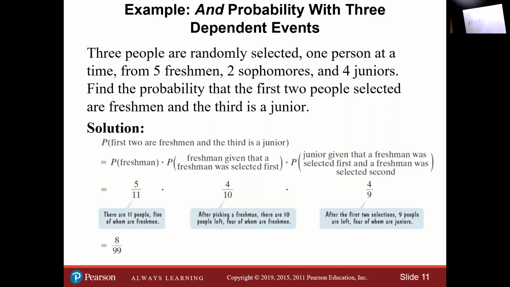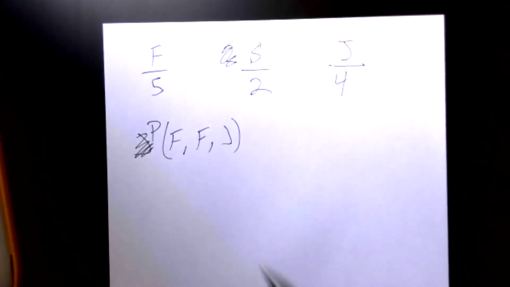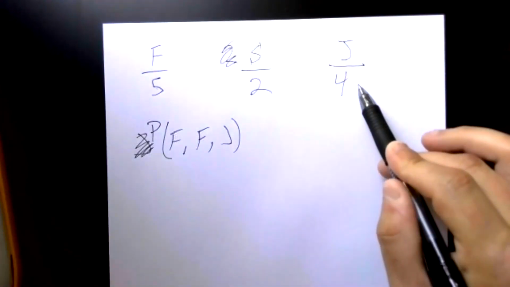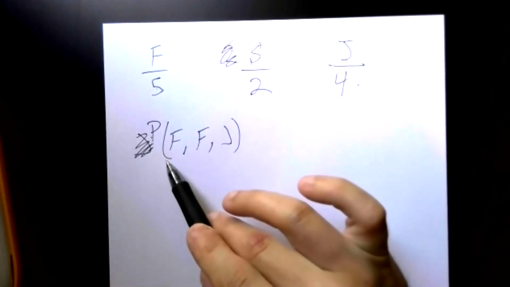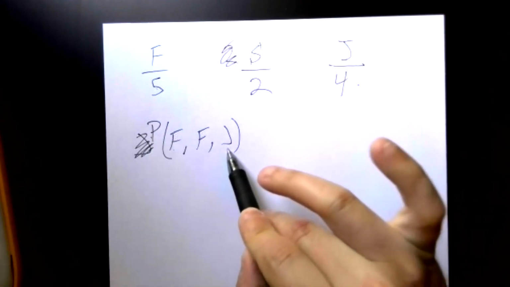Okay. These are definitely dependent events. We have 5 freshmen, 2 sophomores, 4 juniors. What is the probability that I select a freshman at random, then another freshman, and then a junior?